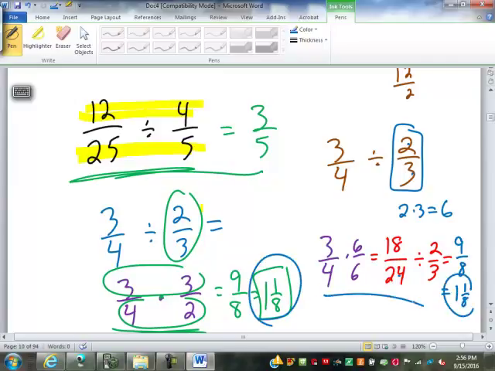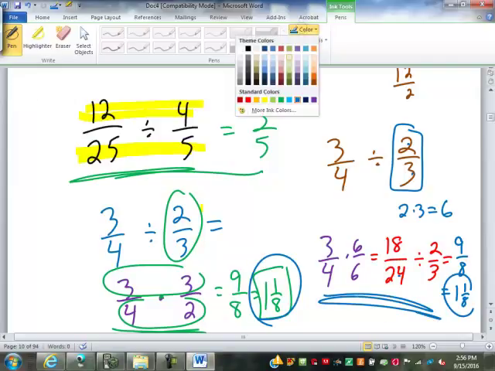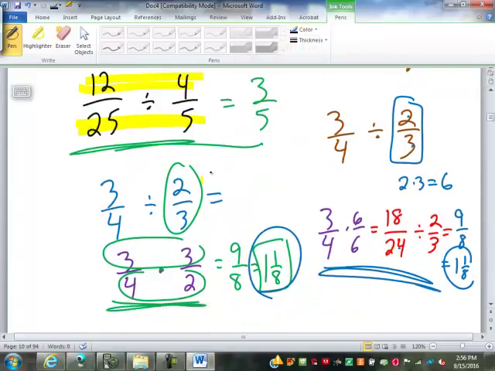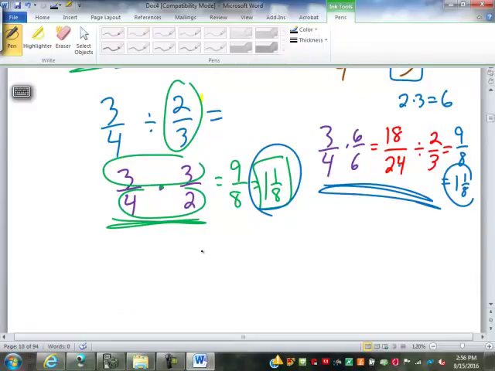Well, how on earth did we get from this to multiplying by a reciprocal? It's not as different as you would think. At some point, someone looked at this and said this is 3/4 times 6/6, then divided by the 2/3.